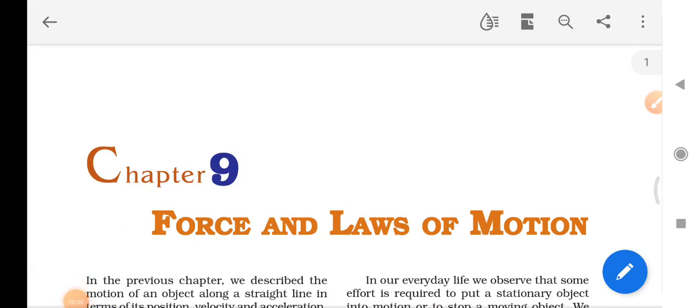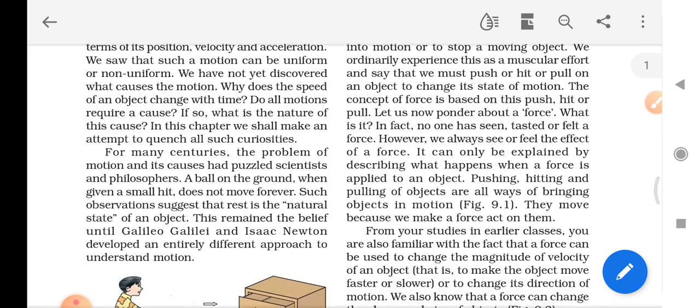Take your science book and open chapter number 9, force and laws of motion, and turn the page.